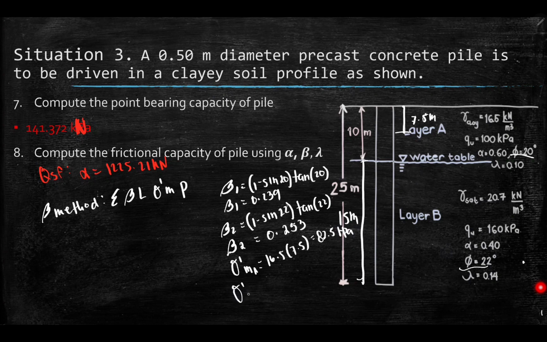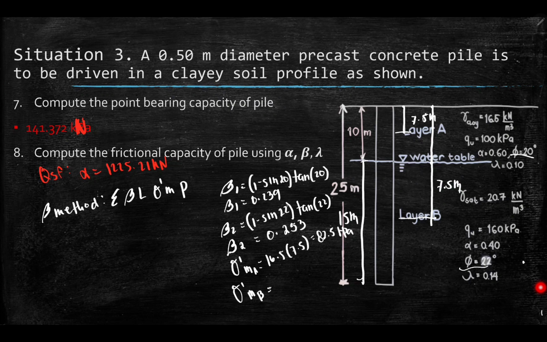Solving naman our sigma prime MB, or considering layer B, we have from this topsoil plus itong gitna ng layer B, which is kalahati ng 15 meters, we have 7.5 meters.